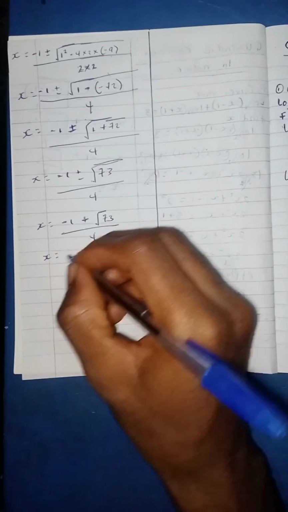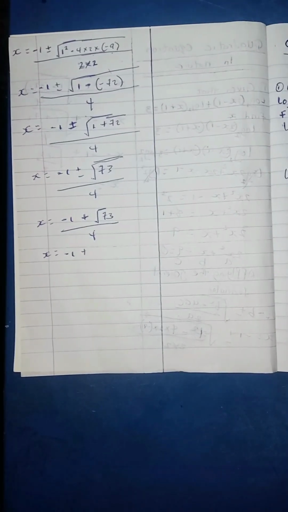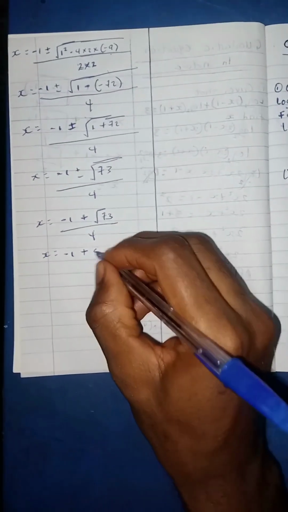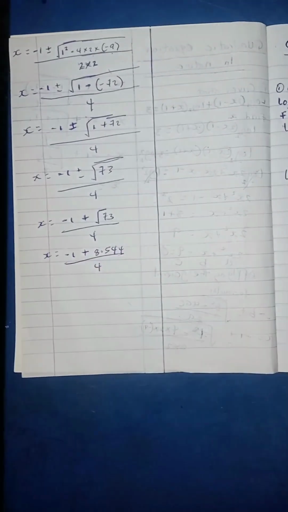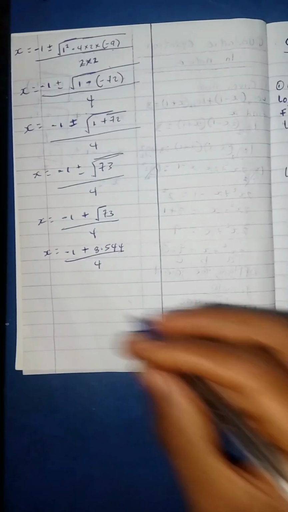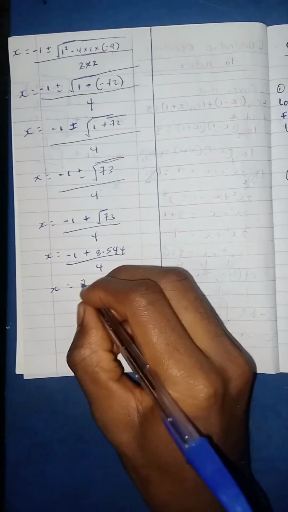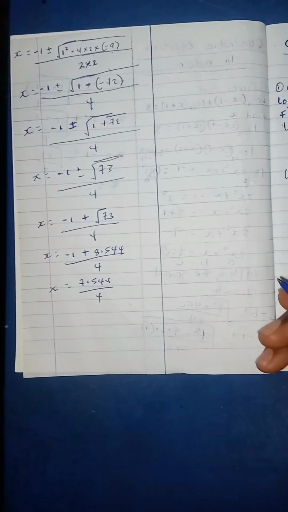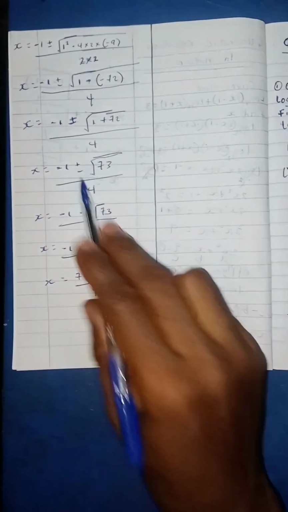Root 73 gives you 8.544, so minus 1 plus 8.544 gives 7.544 over 4. This is your answer for the addition sign.